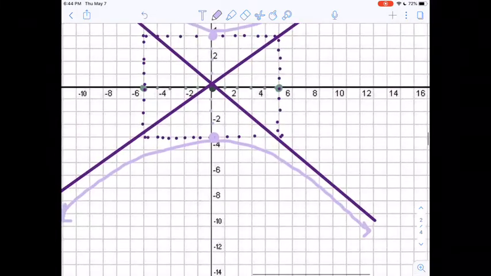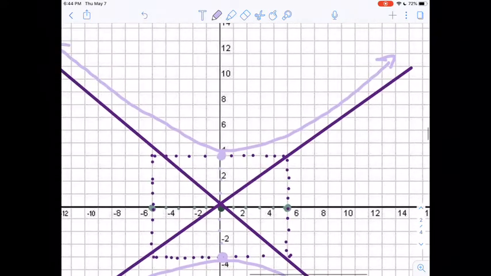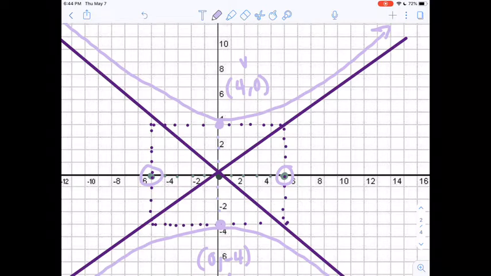Okay, so my one vertex is at 0, -4. And then my other one is at 0, 4. And then we don't worry about these because my hyperbola is not going through those 2 points, so those technically are not my vertices. Okay.